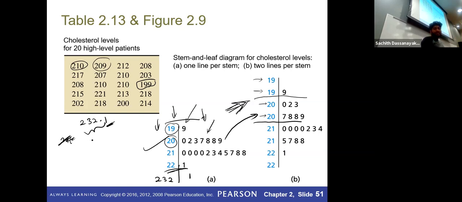If that number is something like 232.01, with 2 decimals, then you will have 23.0 as the stem, and 1 is the leaf side here. So don't change the procedure. It remains the same.